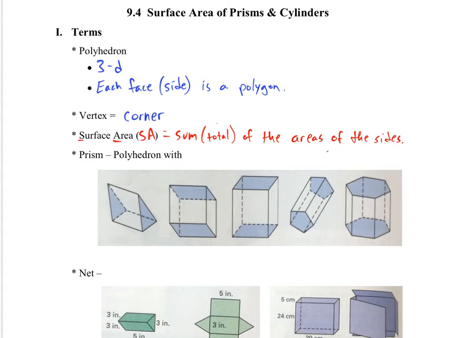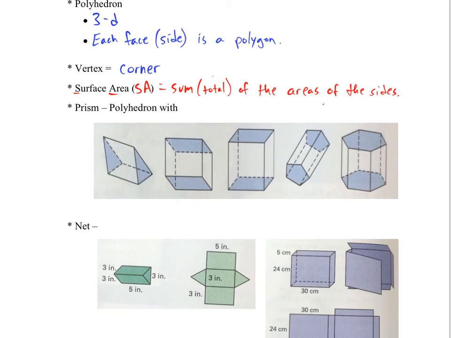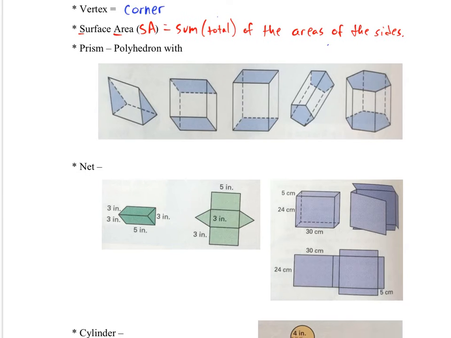And getting close to the end of the definitions, because they tend to be a bit laborsome, I think. But a prism, we're going to look at equations for prisms and equations for pyramids and that type of stuff. But whenever they talk about a prism, you have to have one of these polyhedrons, a three-dimensional object with sides, each face is going to be a polygon. But it has to have, if you notice, each of these in the picture has two sides that are in blue.